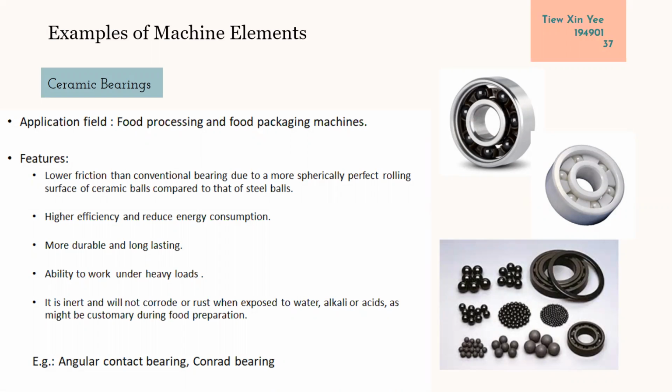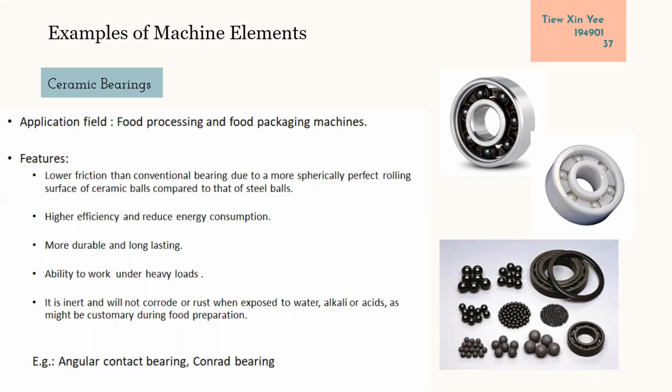These are the features of ceramic bearings. They have lower friction than conventional bearings due to a more spherically perfect rolling surface of ceramic balls compared to that of steel balls. Ceramic bearings have higher efficiency and reduced energy consumption compared to normal bearings made from metal.